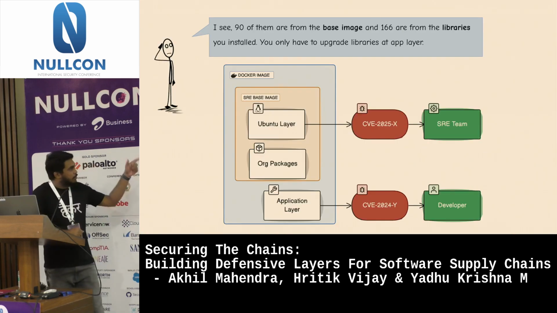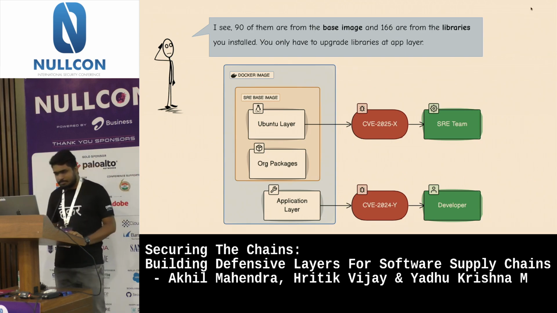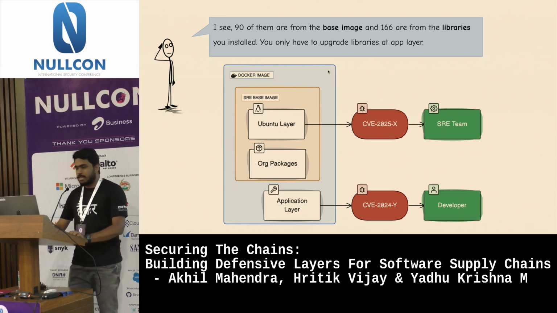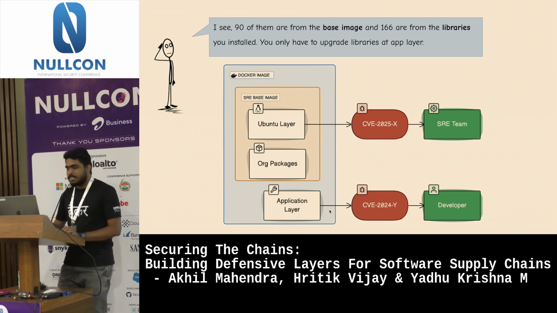Yes. So as we deep dived, we see that this is a Docker image, and there is a base image also, and there is an application layer. The developer mostly fetches the base image, like you would have seen at the start of a Dockerfile, FROM some repository/some image name.